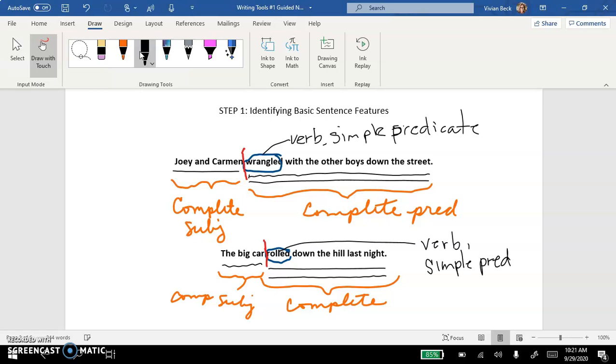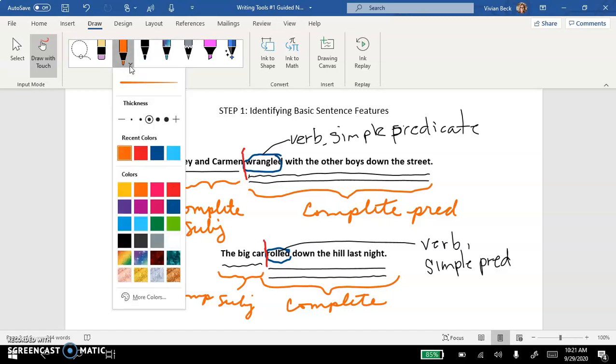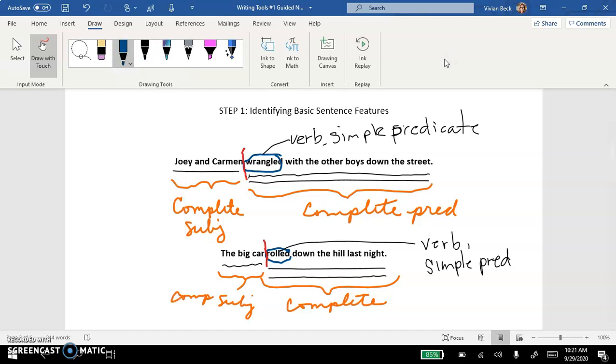If we look at the section that comes before that line, we have the complete subject, as you can see, in both of these sentences. So we have to ask ourselves, who wrangled? Well, it was Joe and Carmen. So Joe and Carmen are the simple subject. Okay? So this is the simple subject because it doesn't have any other modifiers.